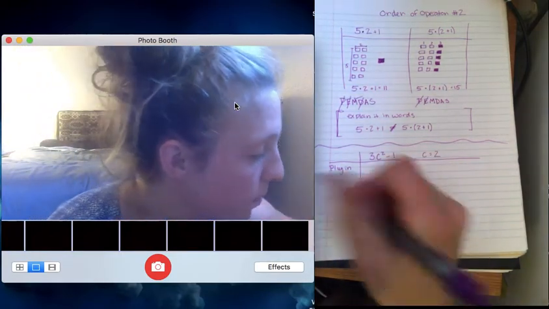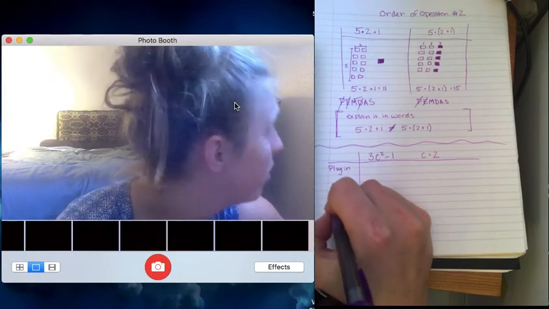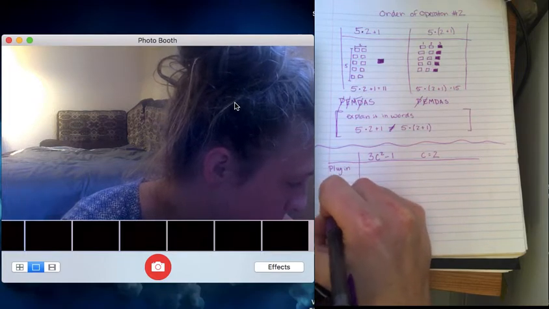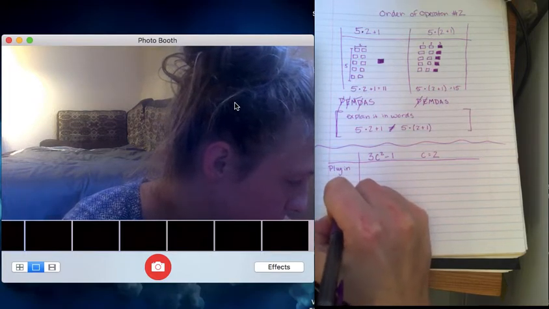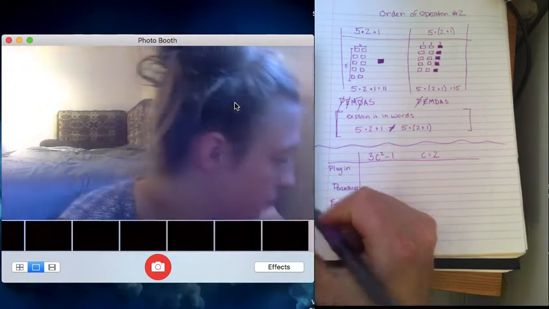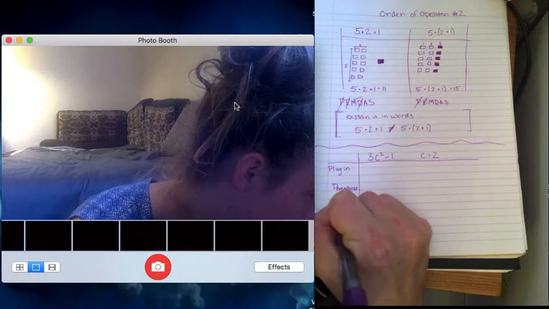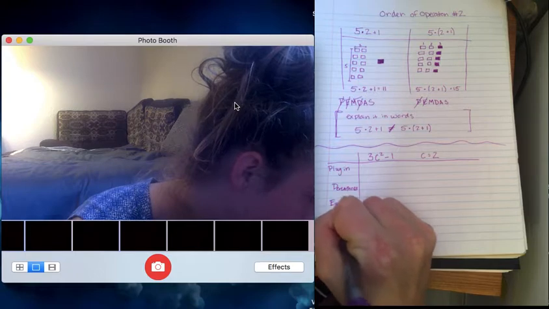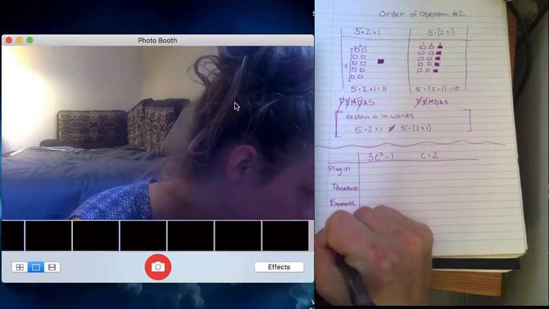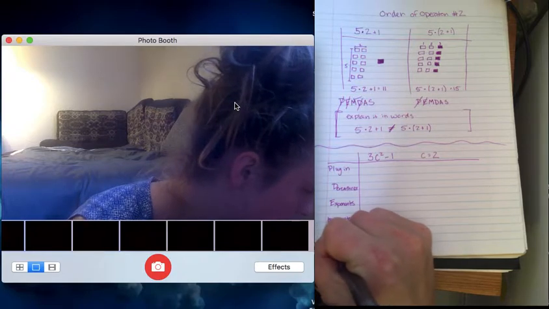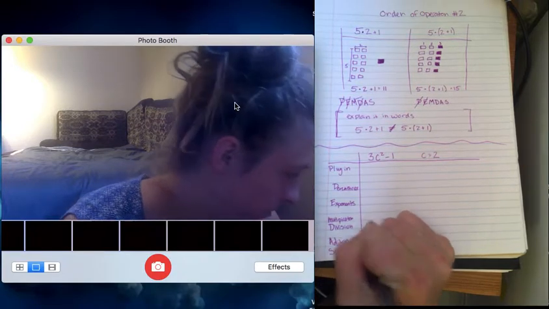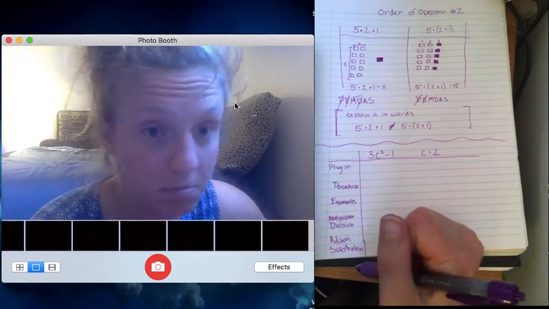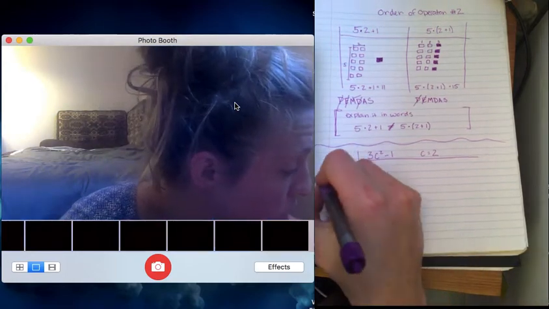And so this row, and then I'll put the other ones in: parentheses, exponents, multiplication, division, addition, and subtraction. Again, if you just want to write that first letter, that will help you out doing it. Do that. Okay, so our first step is that we plug in.